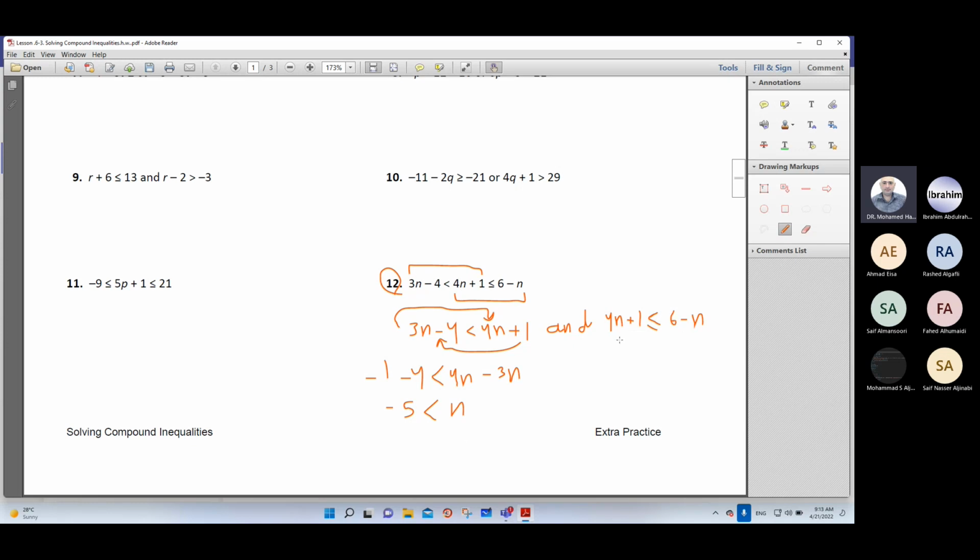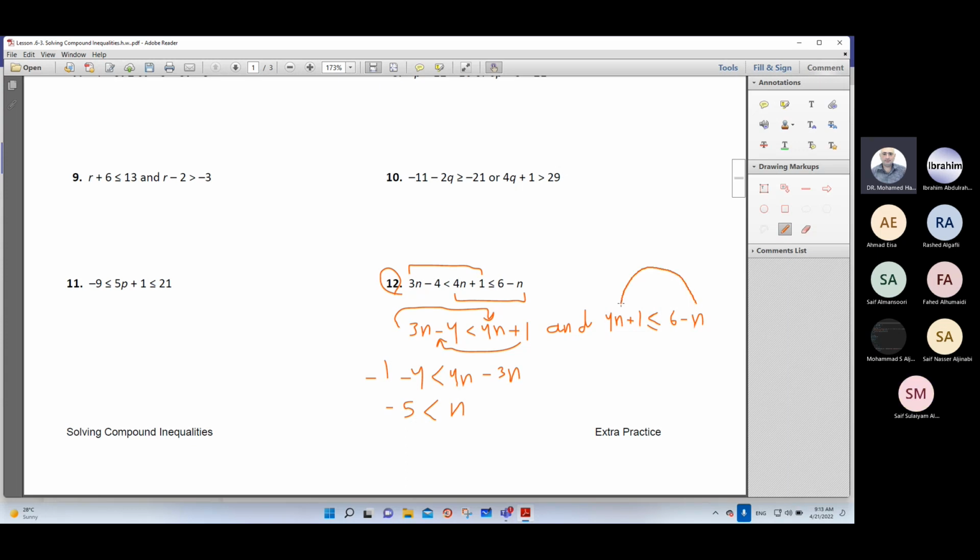This is the first inequality. The second inequality, the same idea. We want to move minus n to the first side and move 1 to the second side. So here we have 4n, and here minus n. When you move it to the first side, we switch the sign, it will be plus n, less than or equal to.